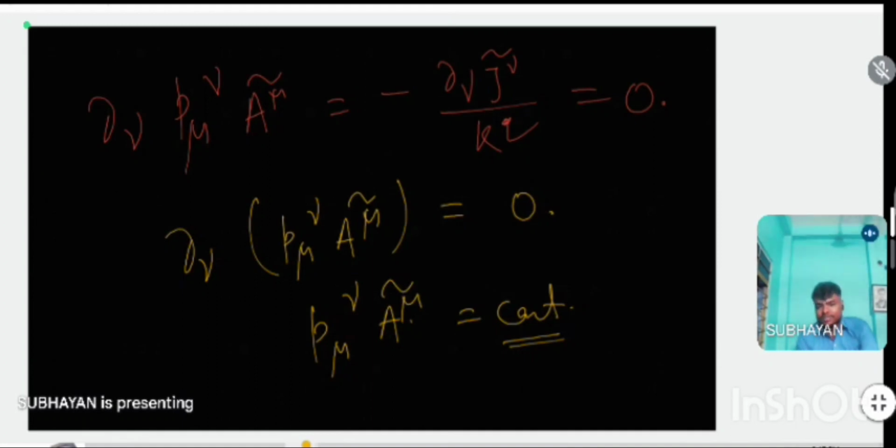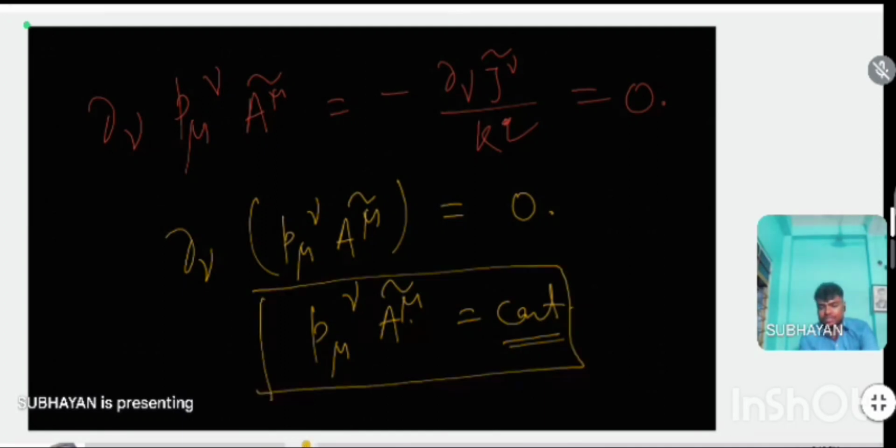This is very interesting. It is fatuous to find a mu tilde, but still the projection of a mu tilde along any particular direction is constant. You can solve for this one. But in terms of the potentials, the solution of the Maxwell equations cannot be found uniquely.